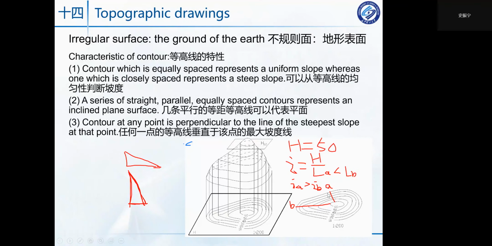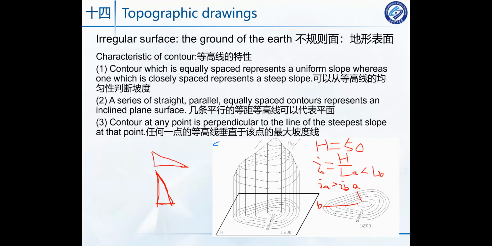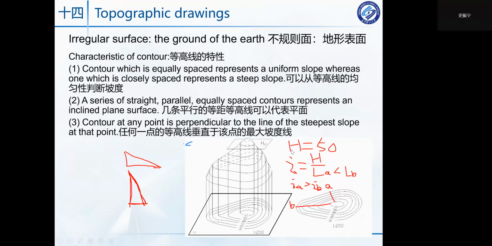So please remember, with the same difference of elevation, if the horizontal distance is larger, the i is smaller, and the slope is much more gentle. And with the same h, if the L is smaller, the i is bigger, and the slope is much more steep.